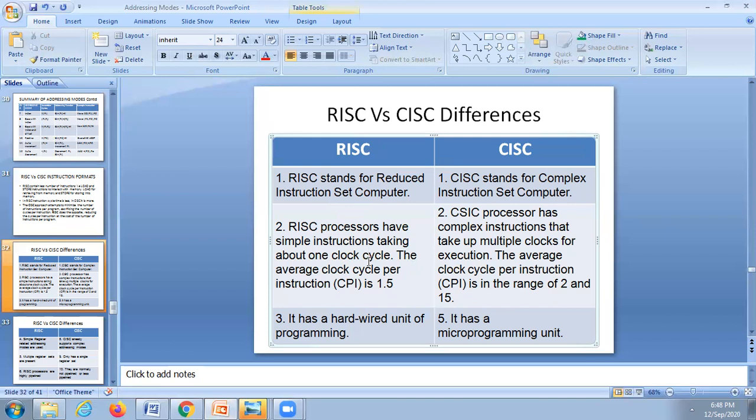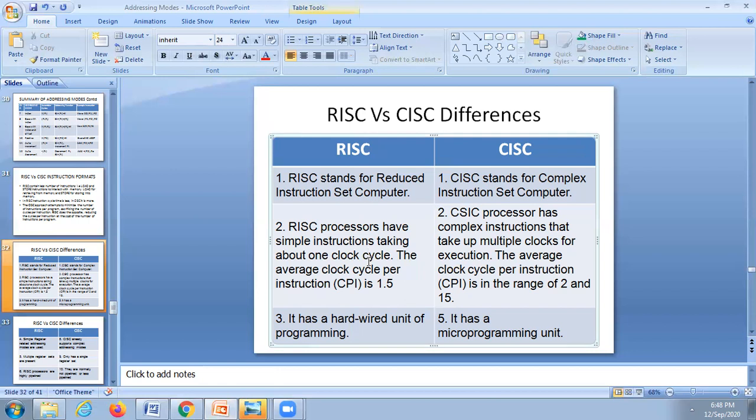What do you mean by clock? If you take any CPU, it will be driven by a clock, which means it is driven by frequency.